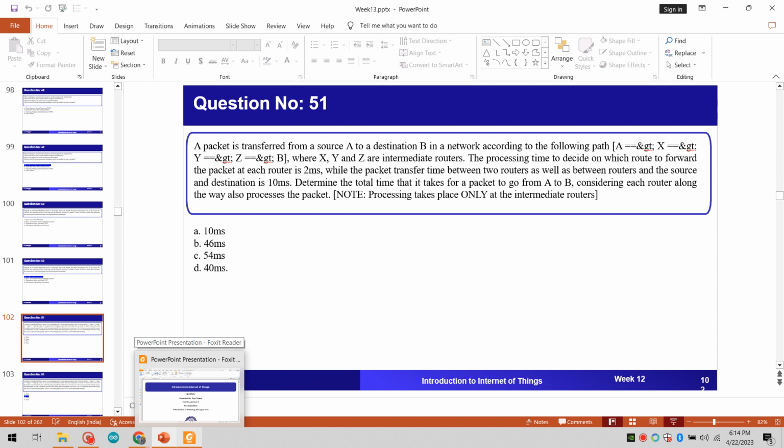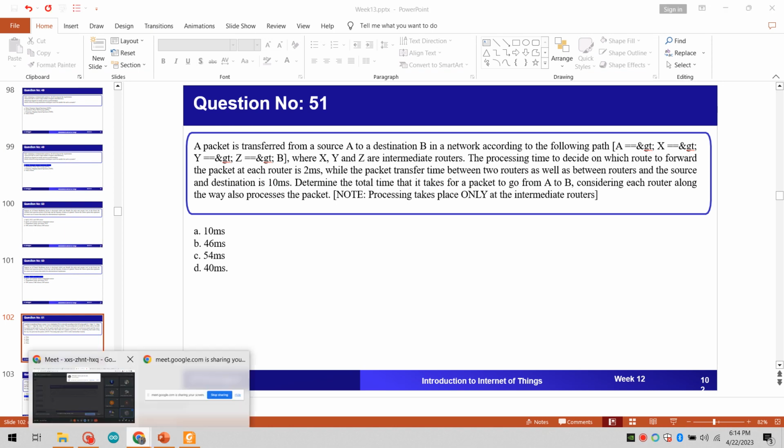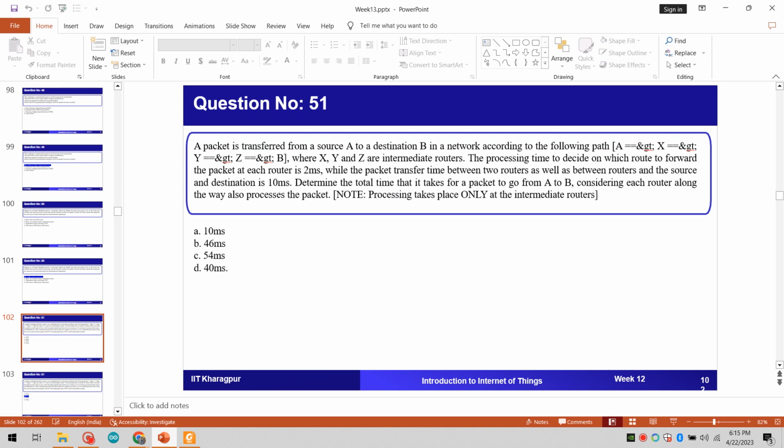Yeah, you have to calculate the total time. Basically the path is A, then X, then Y, then Z, then B. There are three intermediate routers, that is X, Y and Z. The processing time at each router is 2 milliseconds, and the packet transfer time between two routers as well as the source and the destination is 10 milliseconds.